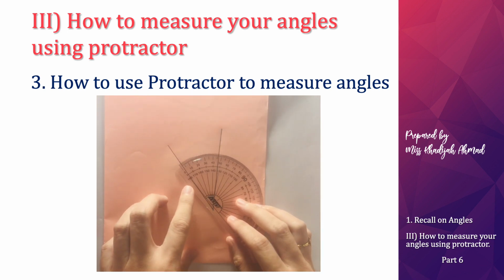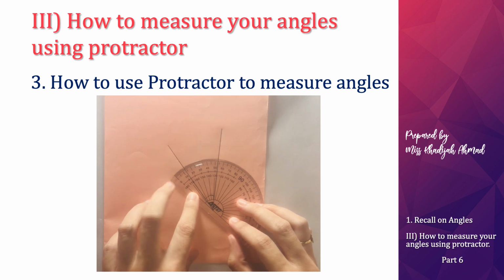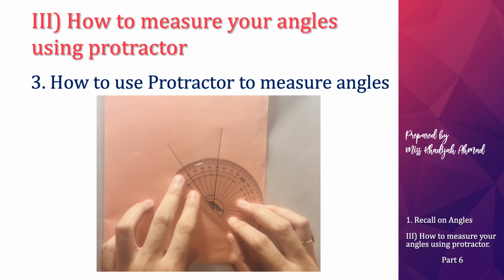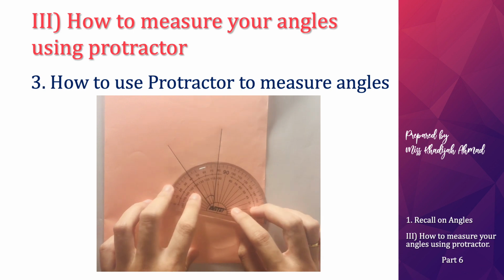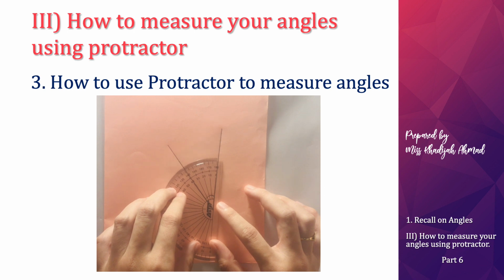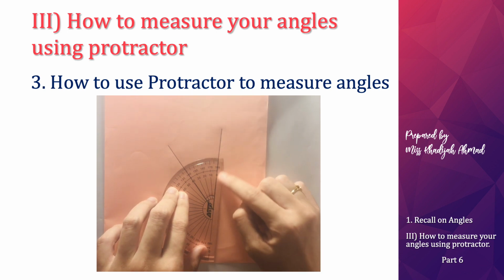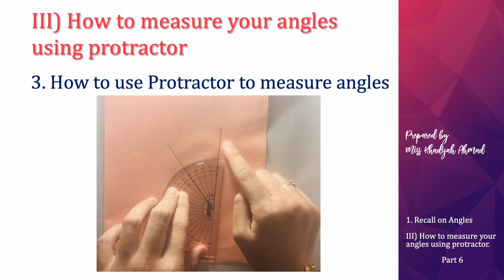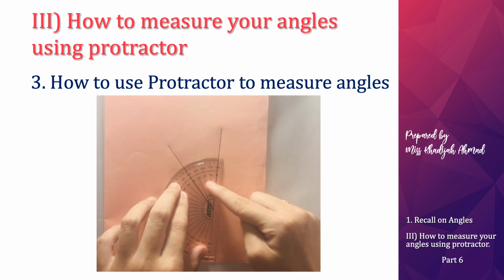So I'm going to put my center there, and then you need to rotate your protractor to make sure that your line mark 0 is on one of these sides, but also making sure that this side must be within your protractor.